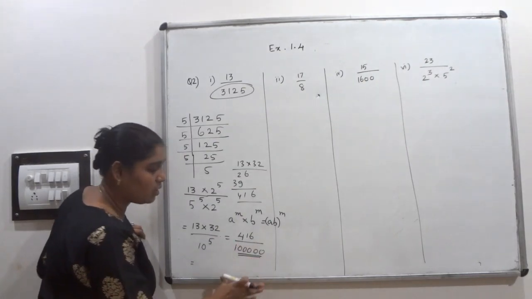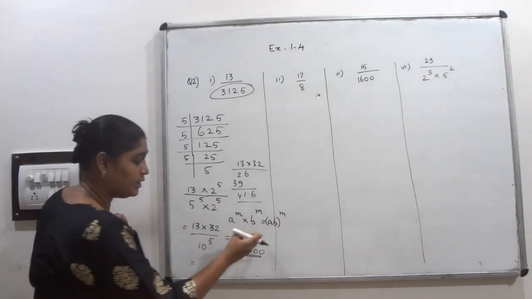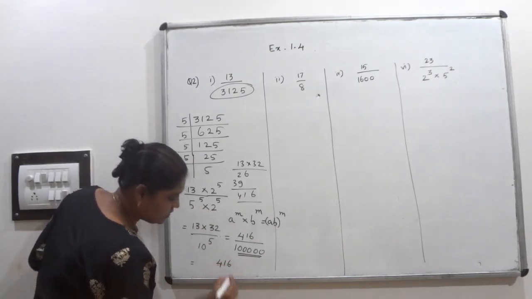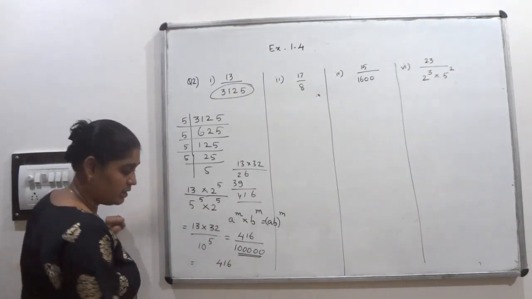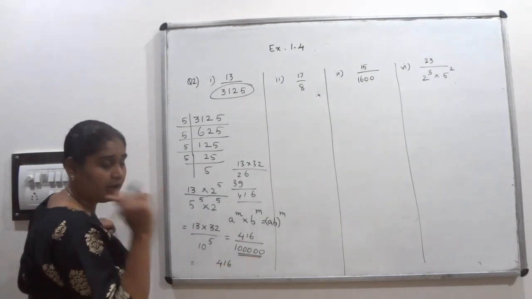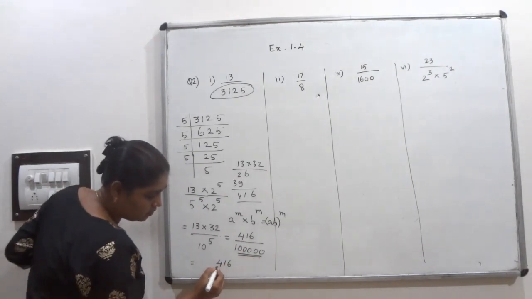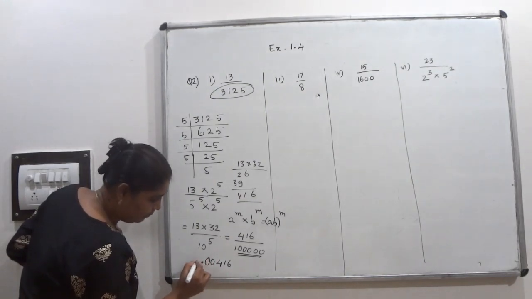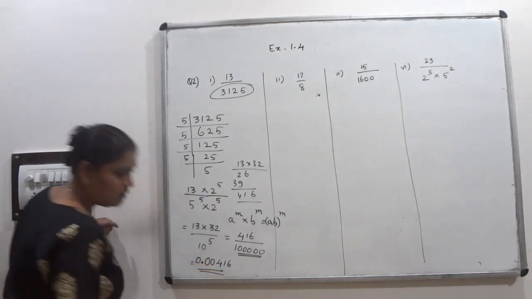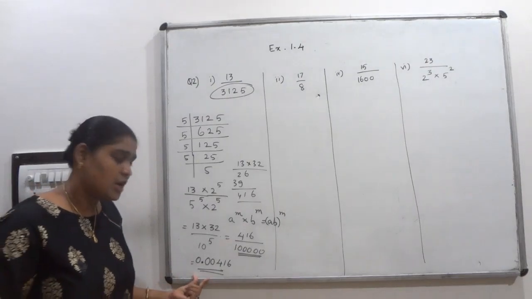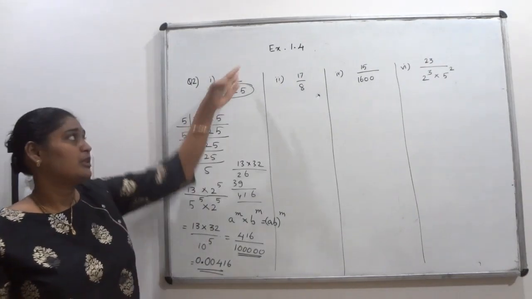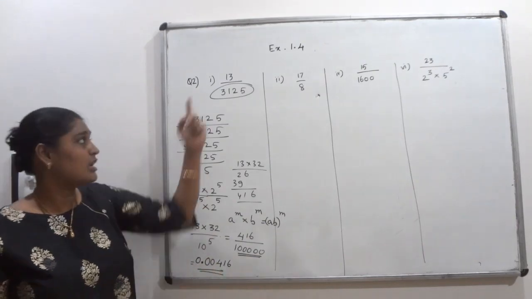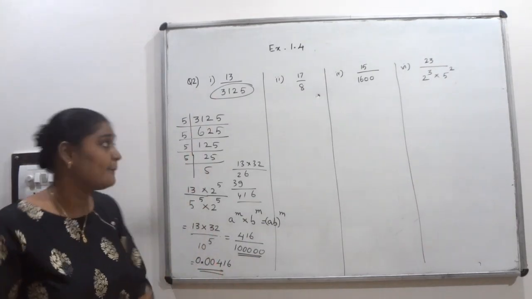That's why I have to count 5 digits in the numerator and keep the point. 416 is already in the numerator, and I have to count 5 digits: 1, 2, 3, 4, 5. Then keep the point. This is the decimal expansion for this fraction. Without doing any actual calculation, we can find the answer very simply.